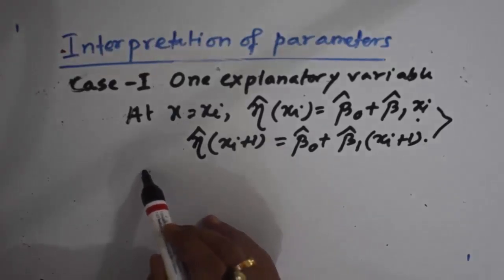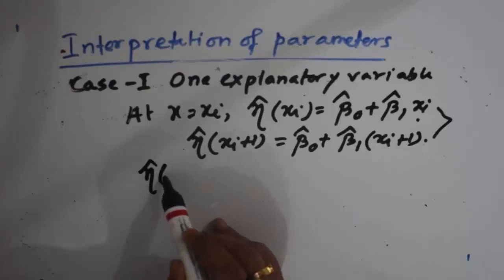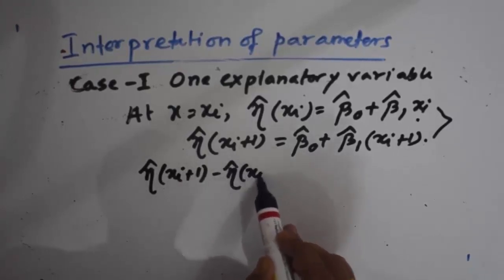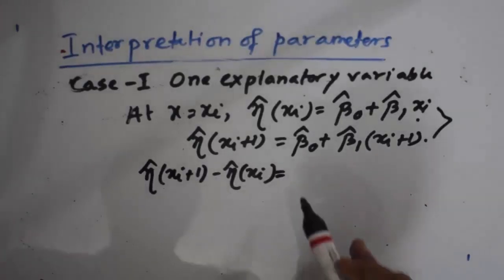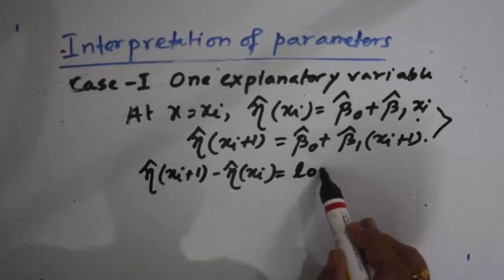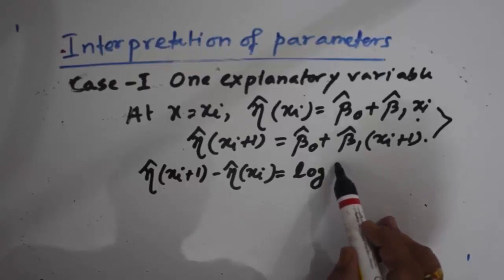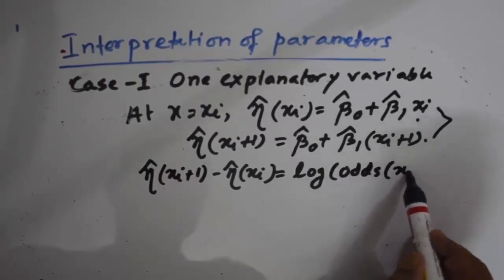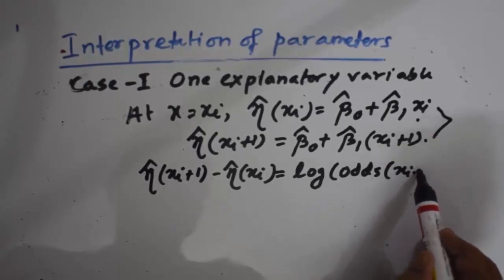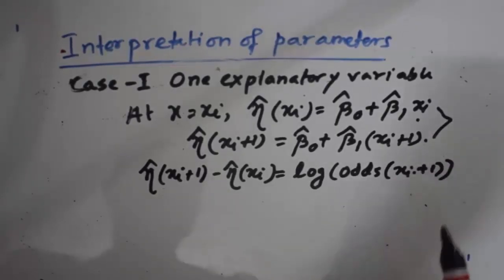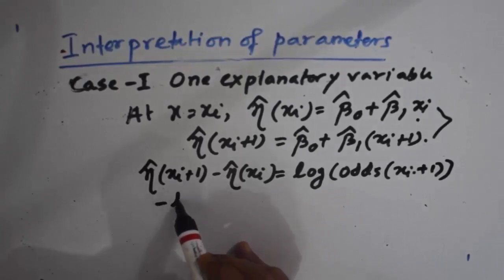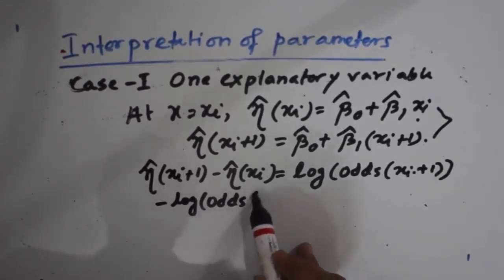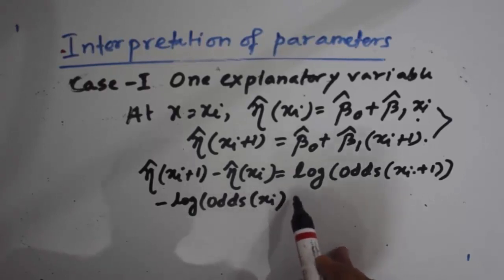Then we get eta hat xi plus 1 minus eta hat xi equal to log odds xi plus 1 minus log odds xi.